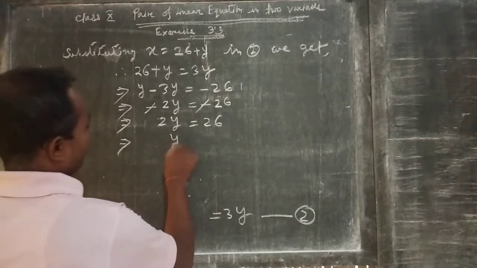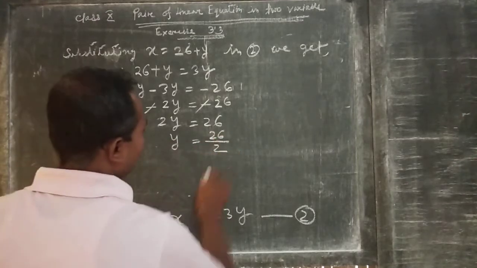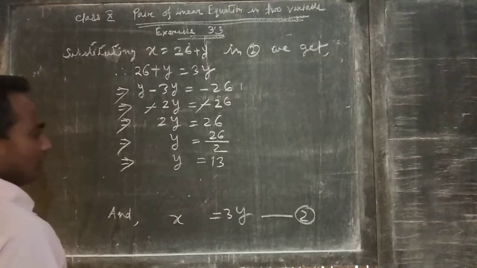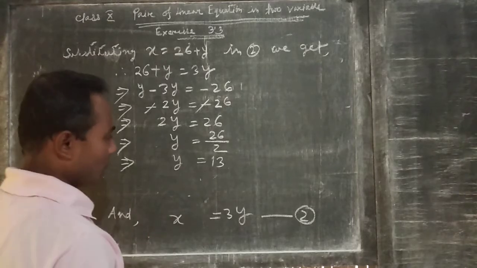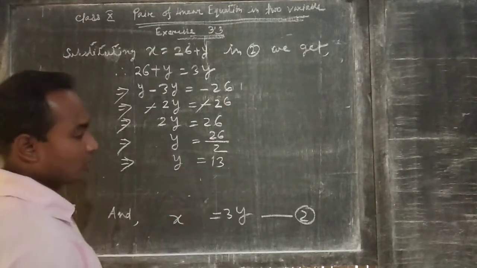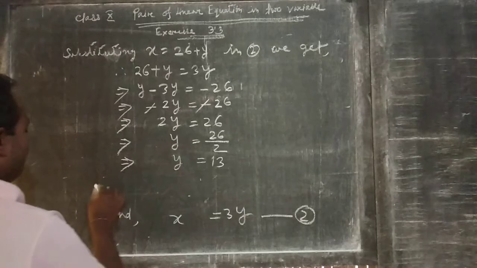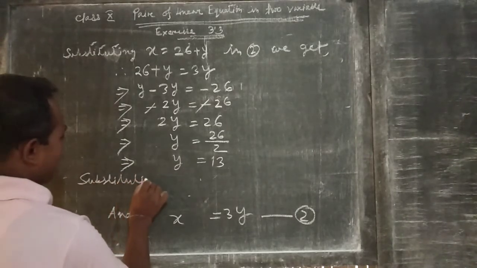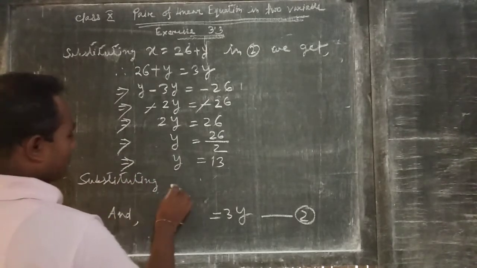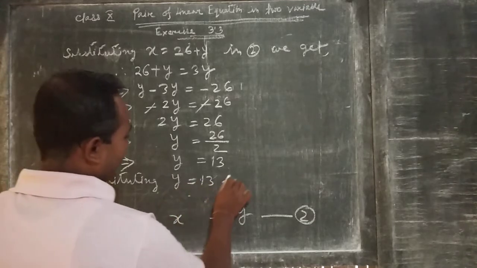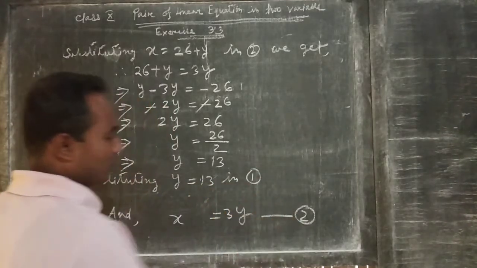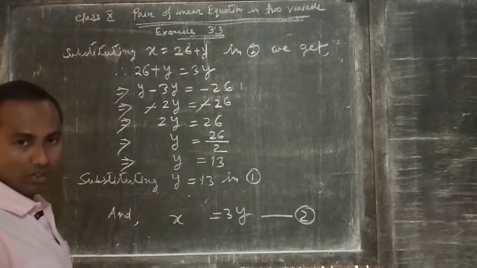Then what will be the value of y? 26 by 2. The value of y equals 13. We have got one number, and we have to find the value of x. Substituting y equals 13 in equation 1 or 2, any one of the equations, we can put the value of y to find the value of x.